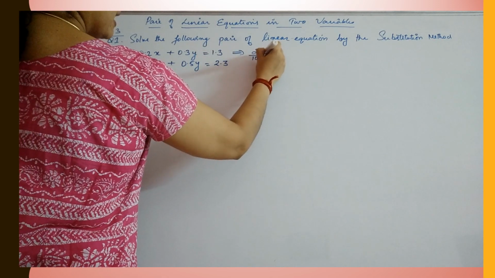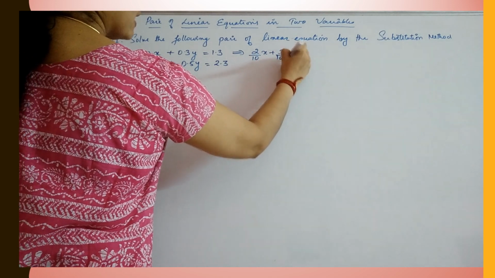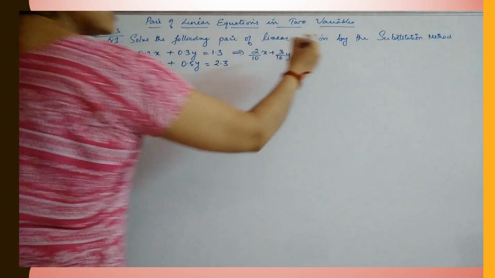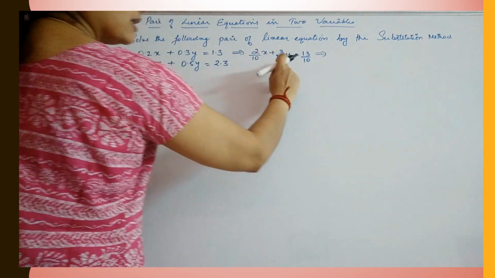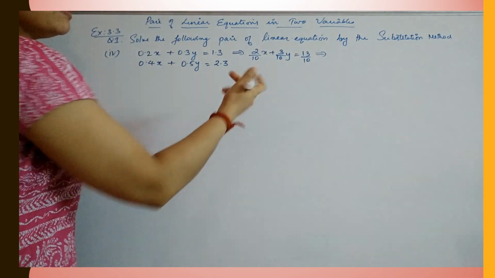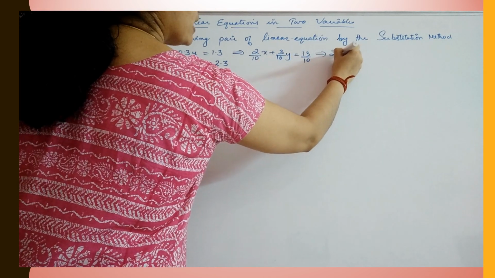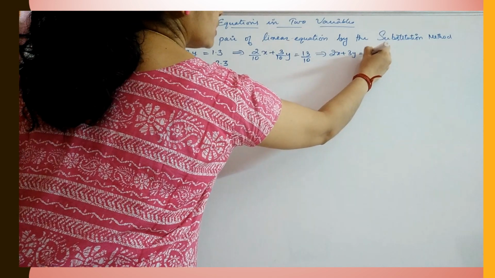So this is 2 by 10x plus 3 by 10y is equal to 13 by 10. Taking the LCM, both sides get cancelled because you have a common denominator 10. So the numerator will become 2x plus 3y is equal to 13.